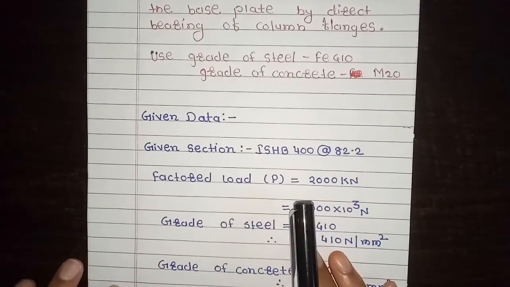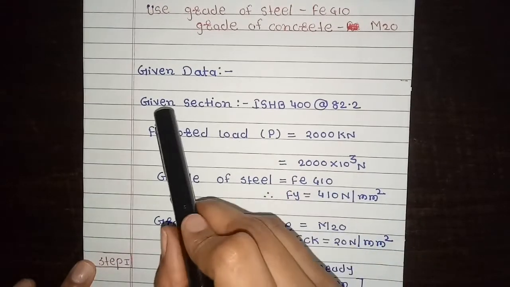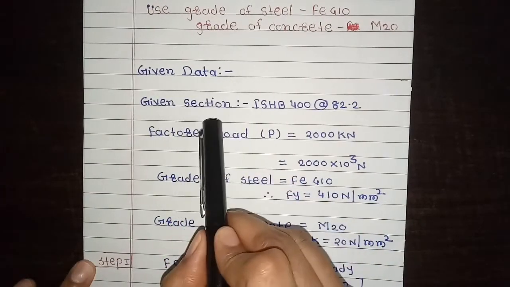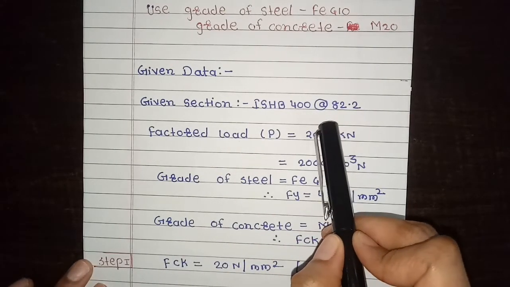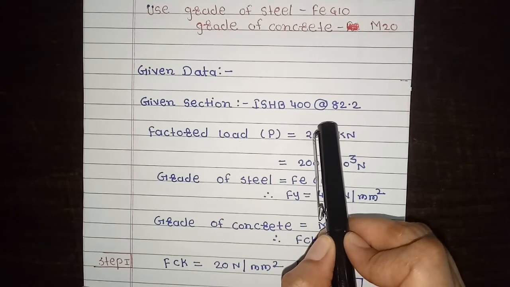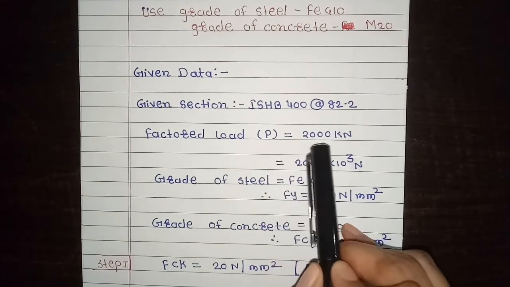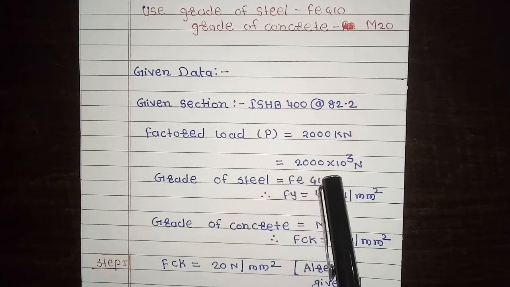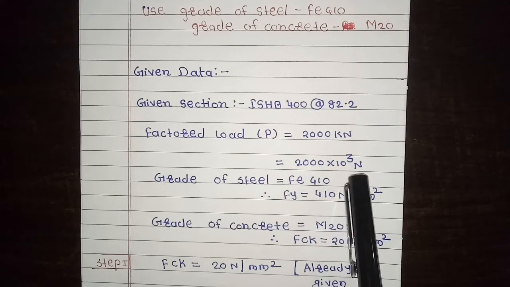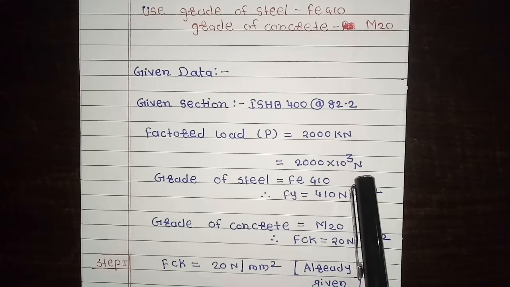First of all, write the given data for this question. Given section is ISHB 400, 82.2. Factored load P is equal to 2000 kilonewton, so 2000 into 10 cube Newton, multiplying by 10 cube to convert kilonewton to Newton.